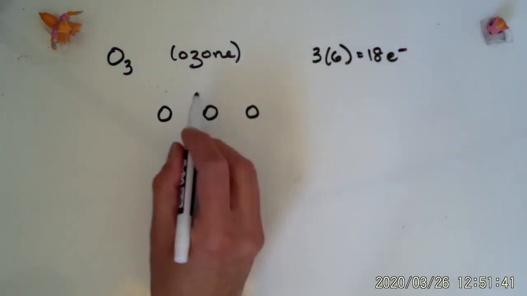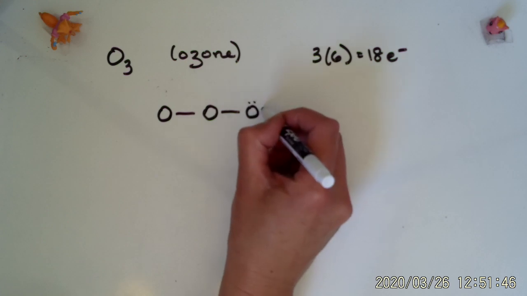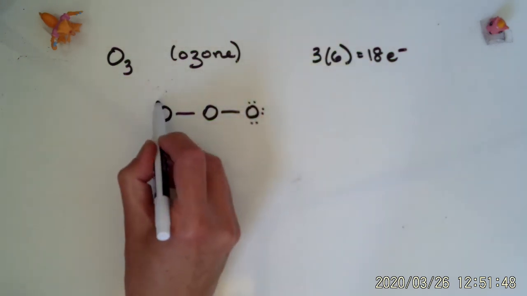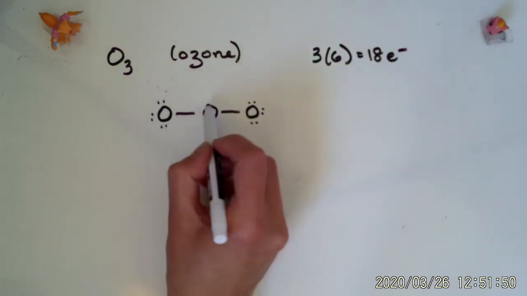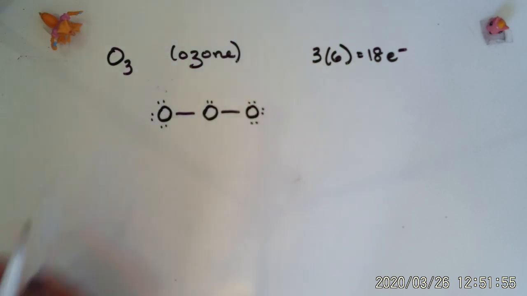Okay, so central atom for my single bonds. Let's do my octet. Then my lone pairs. So 2, 4, 6, 8, 10, 12, 14, 16, 18. So I've used up all of my lone pairs.